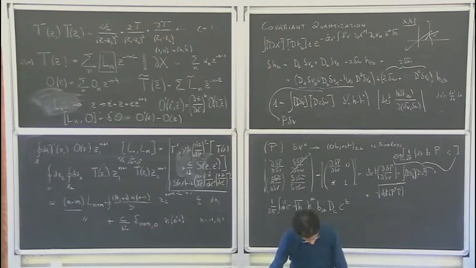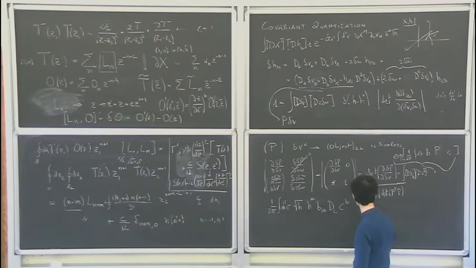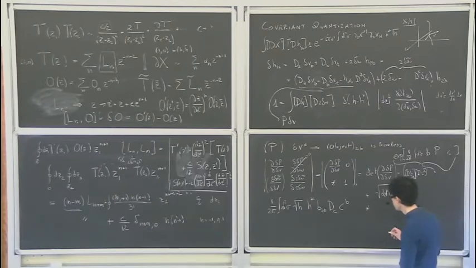This is the first piece of information. Second, it's common that the determinant is 0. When does this happen? It happens if your operator P has 0 eigenvalues.